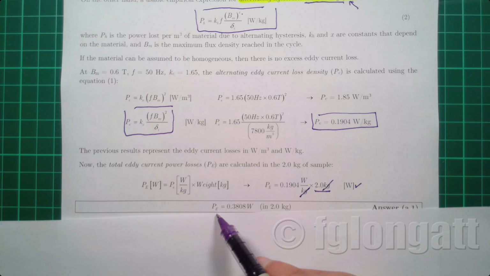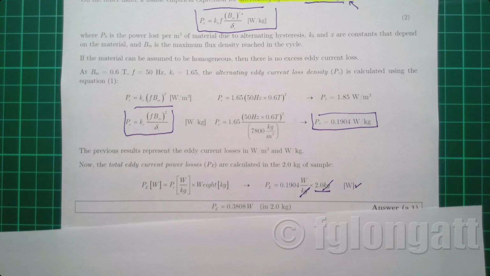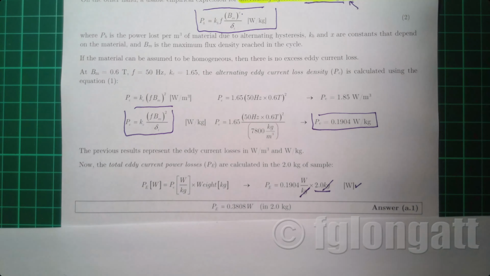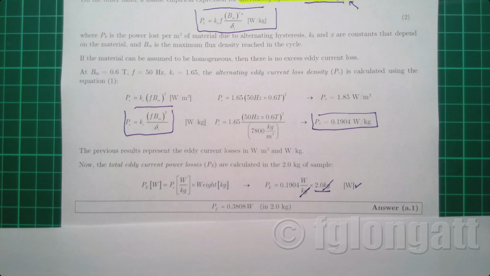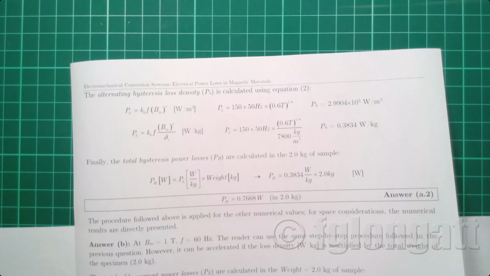And as you can see, the total eddy current, and now we are using capital letter E, and that means this is the total eddy current power losses, and you can see 0.3808 watt. So this is the first part of the question A, because now we should calculate the hysteresis losses for this very specific case.